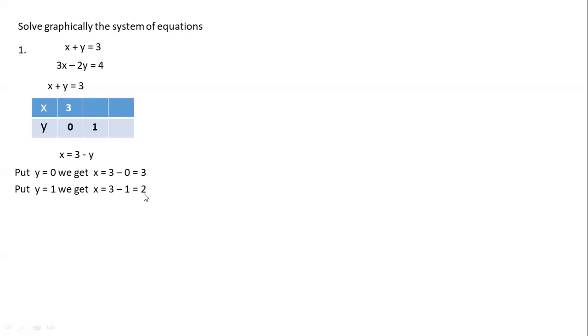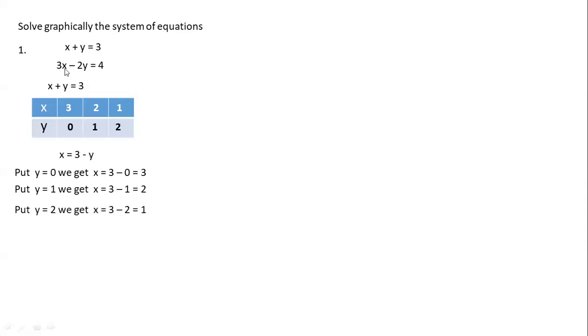So y is 1, x is 2. Now let's put y is equal to 2. We get x is equal to 3 minus 2, that is 1. So y value is 2, x value is 1. So this is the set of three values for the first equation.